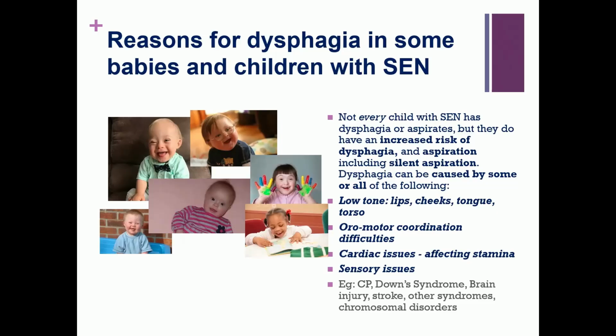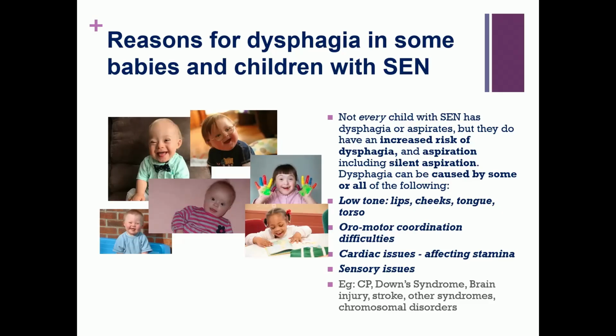And so the things that might cause this is, as I say, the low tone, but also oromotor coordination difficulties, cardiac issues, which we know can be quite a high incidence with our little ones with Down syndrome. That just affects their stamina, if nothing else. So again, if you think about having to stop breathing every time you swallow, that might make this feeding and the swallowing quite hard going.